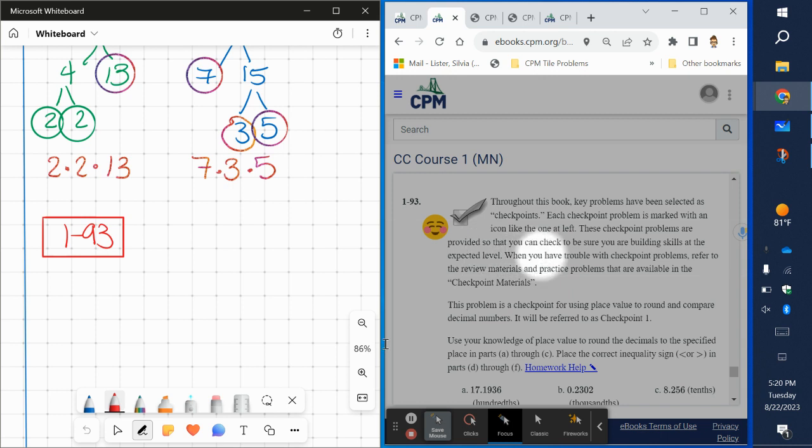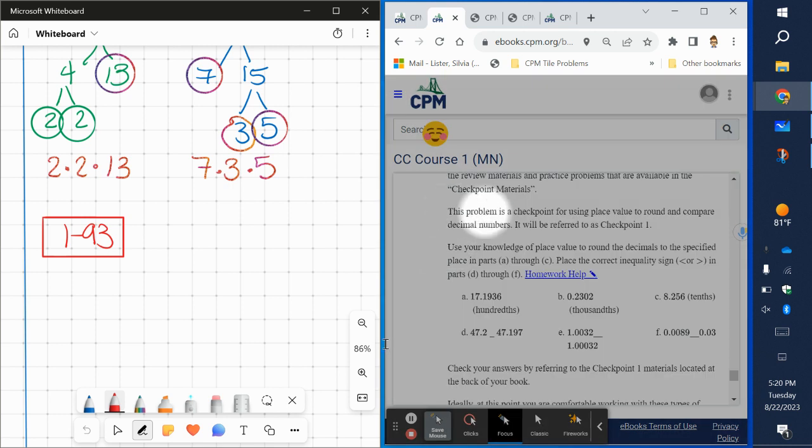When you have trouble with checkpoint problems, refer to the review materials and practice problems that are available in the checkpoint materials. This problem is a checkpoint for using place value to round and compare decimal numbers. It will be referred to as checkpoint 1.